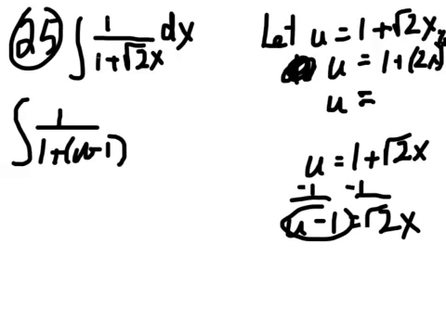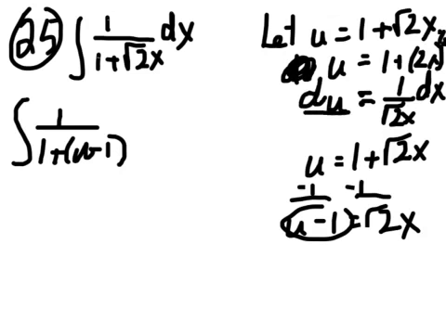If I subtract 1 from 1/2, that would be negative 1/2, so I would end up with 1 over square root of 2x dx. Now, I'm sorry, that was du, I took the derivative.